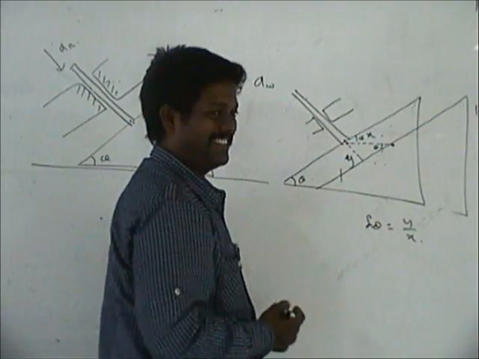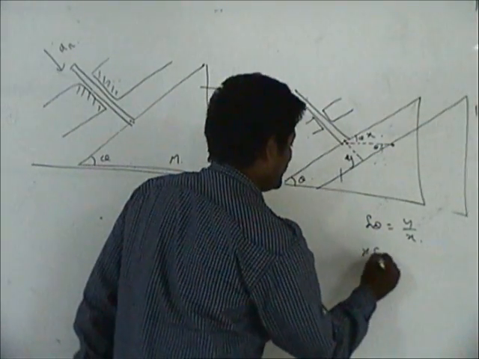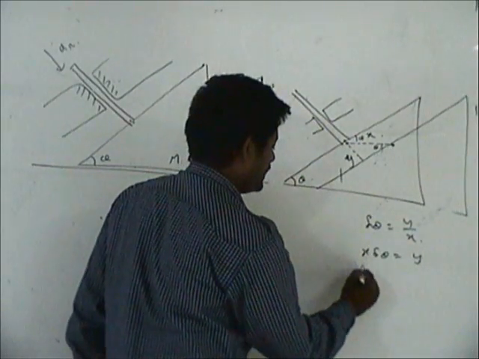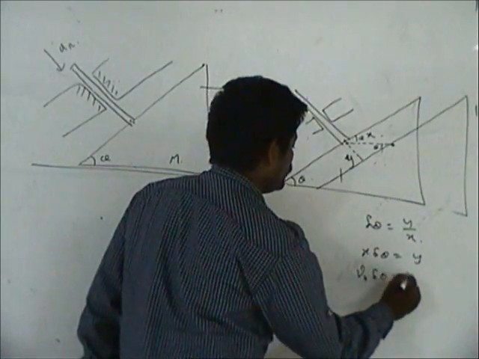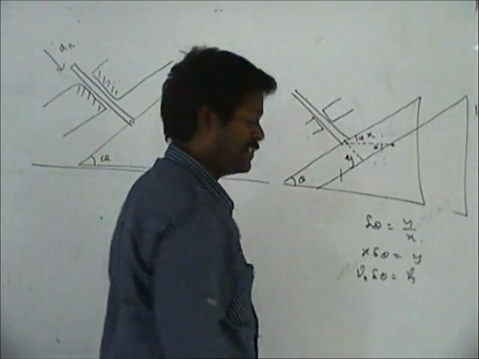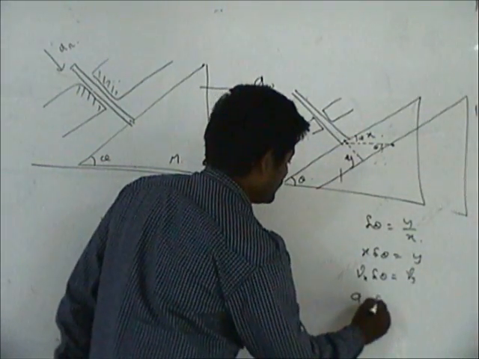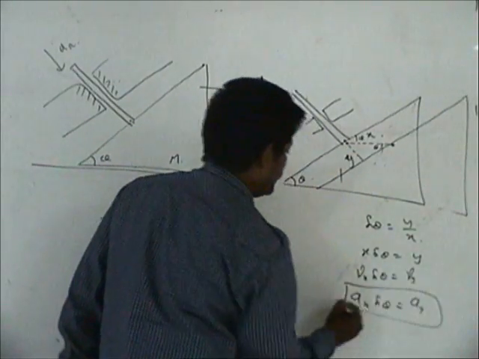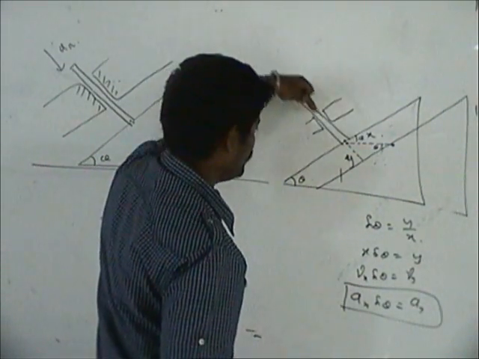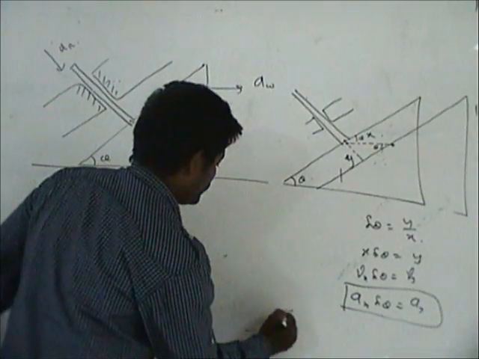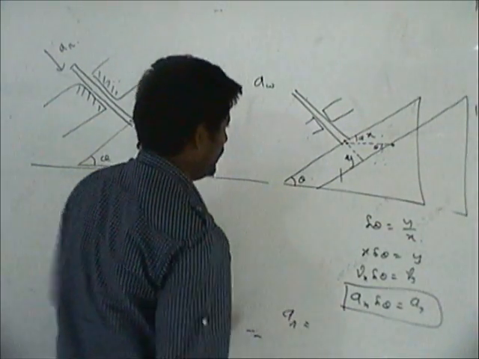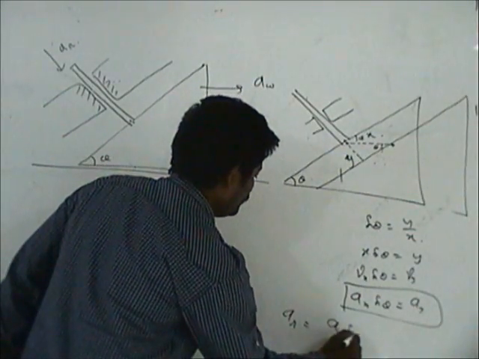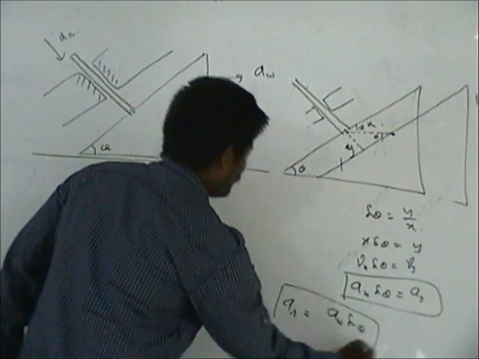Now you get a relation. Now x sin theta equal to y. If you differentiate once, you get Vx sin theta equal to Vy. Differentiate again with respect to time: Ax sin theta equal to Ay. That is the relation. Ay is nothing but the rod acceleration. So acceleration of the rod equals Ax, the wedge acceleration, into sin theta. So it's a wonderful point here.